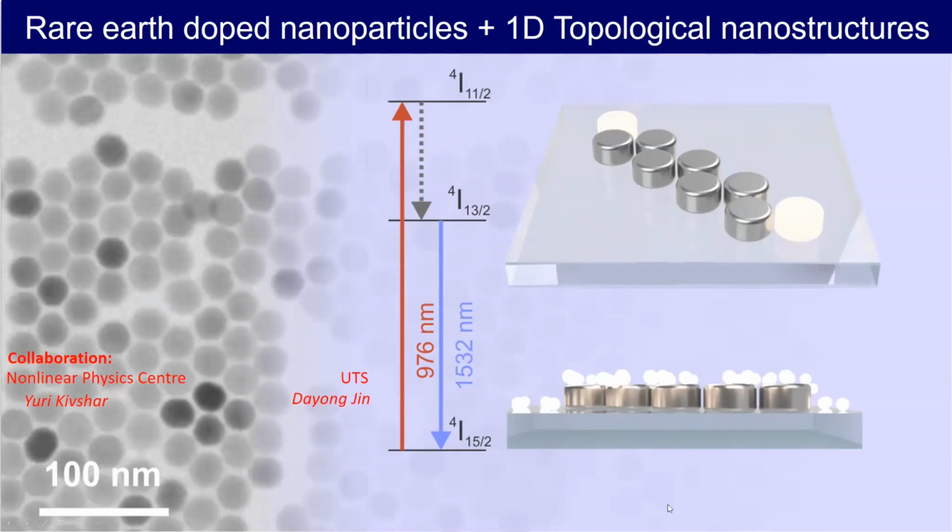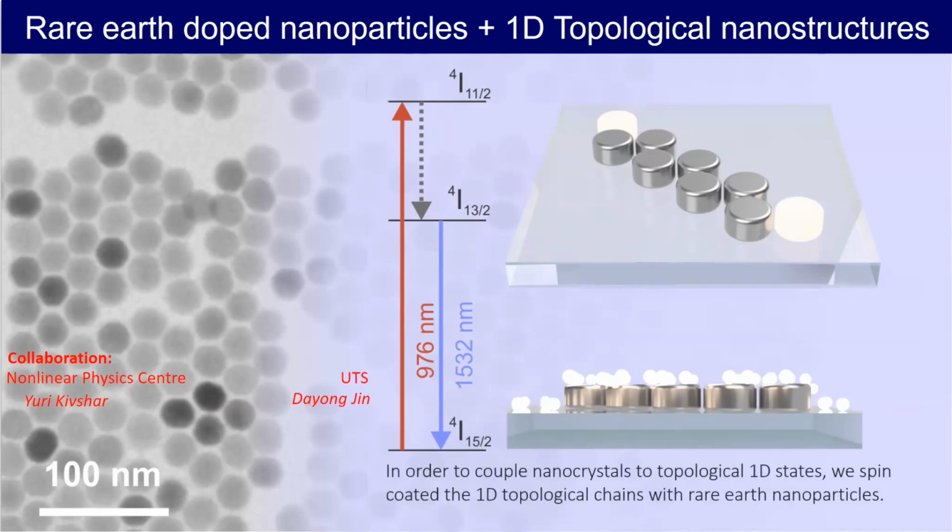So we wanted to have efficient coupling of edge states with rare earth doped nanoparticles to observe controlled photoluminescence from these nanoparticles. Since these nanoparticles also have photoluminescence at 1530 nanometers, we presumed that it would couple really well.